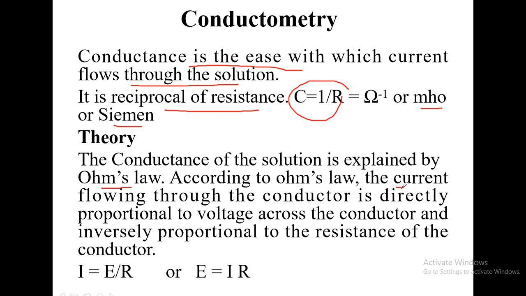According to Ohm's law, the current passing through the conductor is directly proportional to the voltage across the conductor and inversely proportional to the resistance of the conductor. So I equal to E by R, or E equal to I into R, where I is the current passing through the conductor, E is the voltage across the conductor, that is EMF, and R is the resistance.